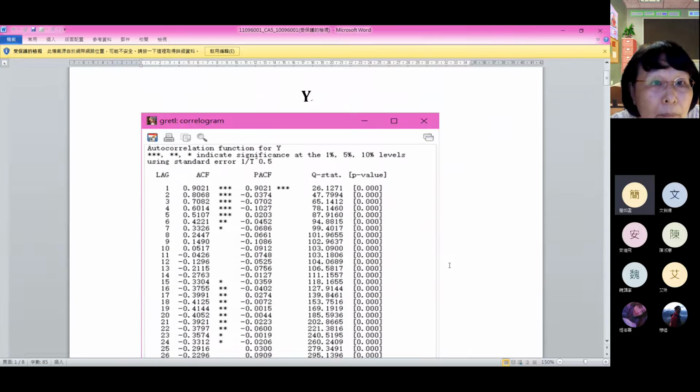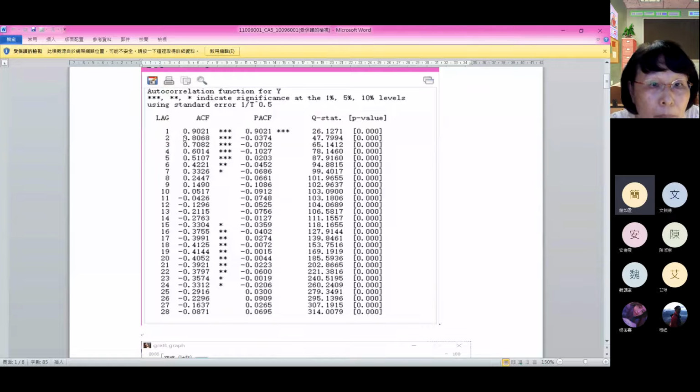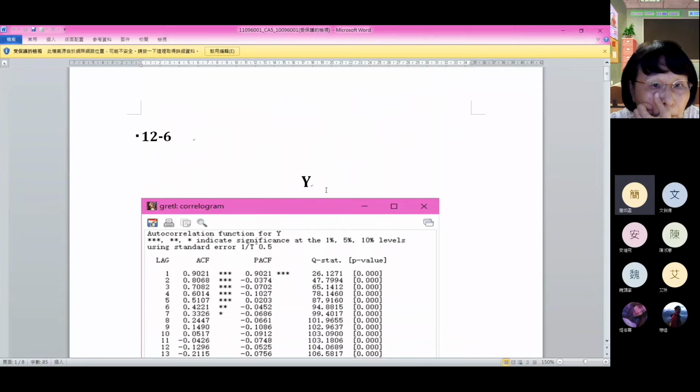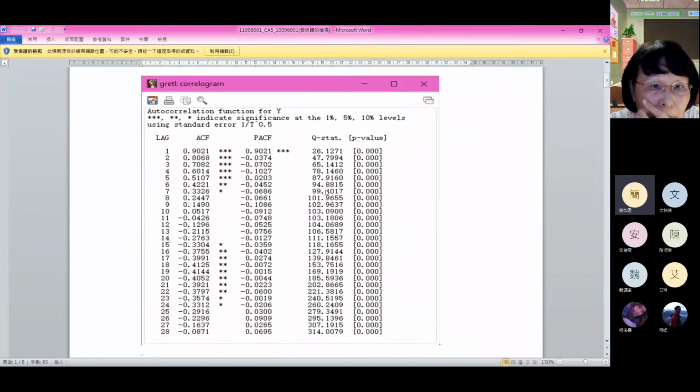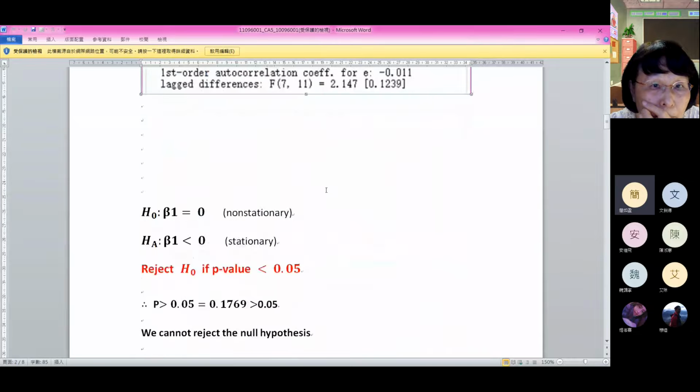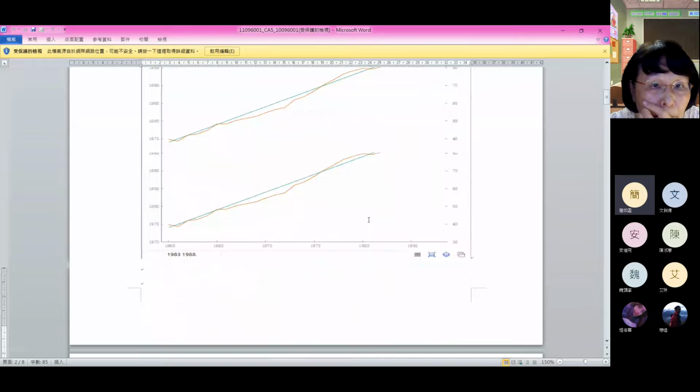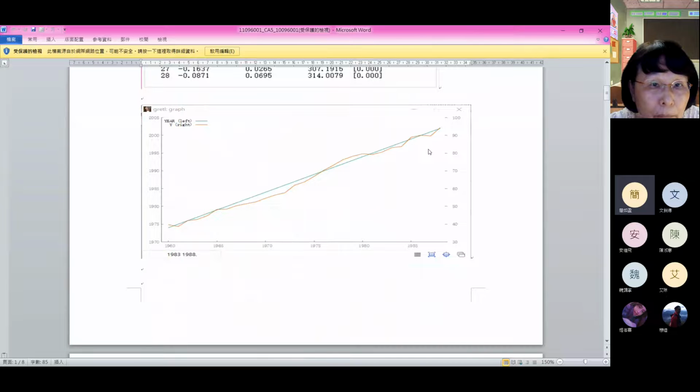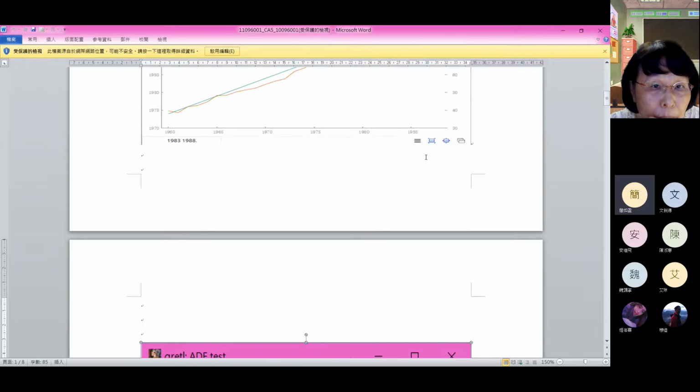Okay, in the first part, the y variable, I think we can see the autocorrelation at lag 1 is close to 1, so I think it is non-stationary. We can see it in the plot too.